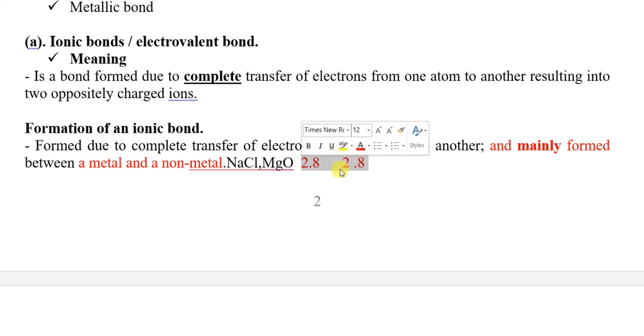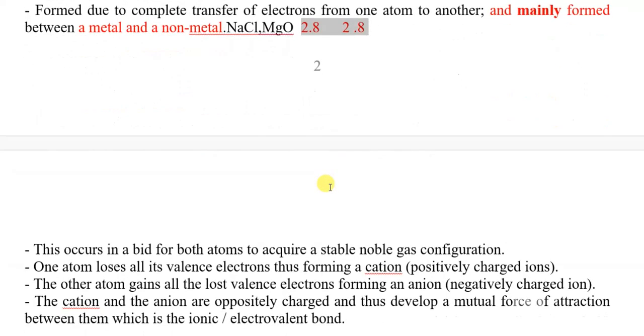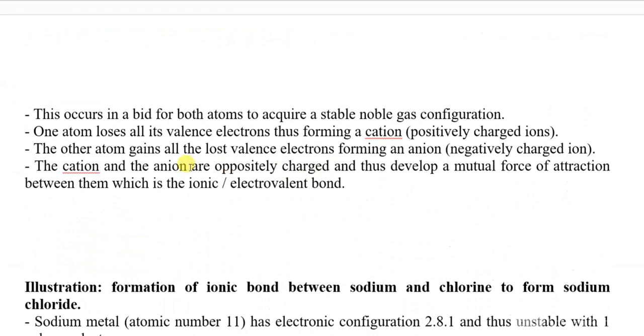I hope now you understand what we are doing here. This occurs in the bid of both atoms to acquire a stable noble gas configuration. One atom loses all its valence electrons, thus forming a cation, a positively charged ion.